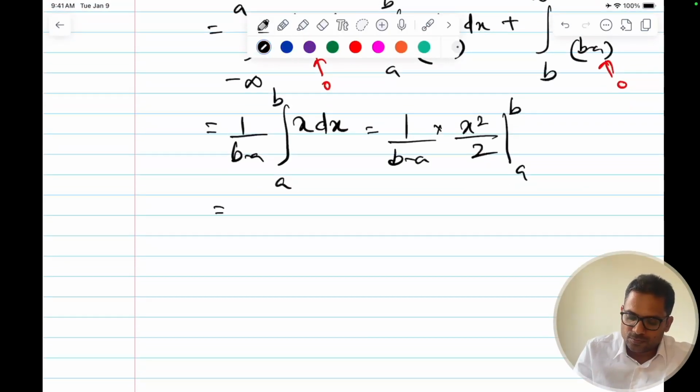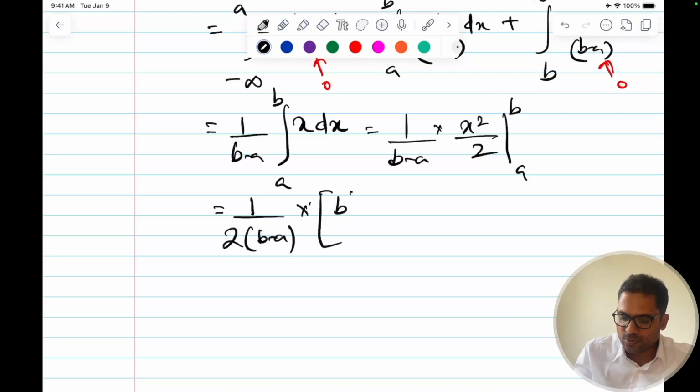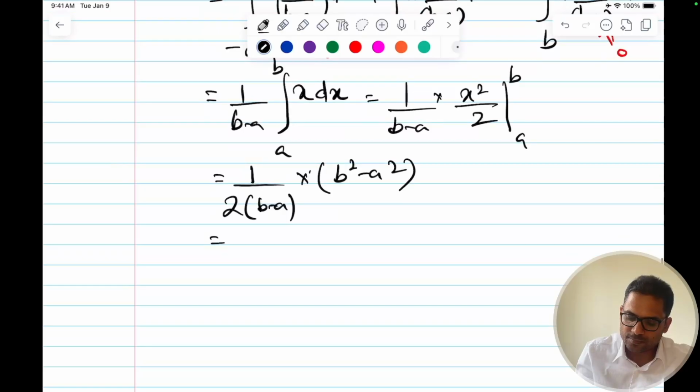So this is equal to 1 by 2. I bring this 2 out, that is a constant, and then let's put in the upper and lower limits into b square minus a square. Upper limit minus lower limit. That is 1 by 2 into b minus a.